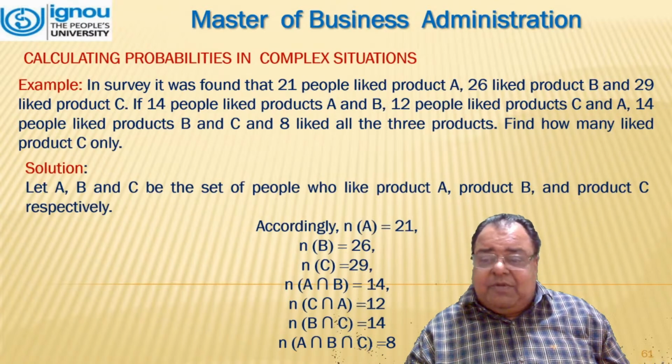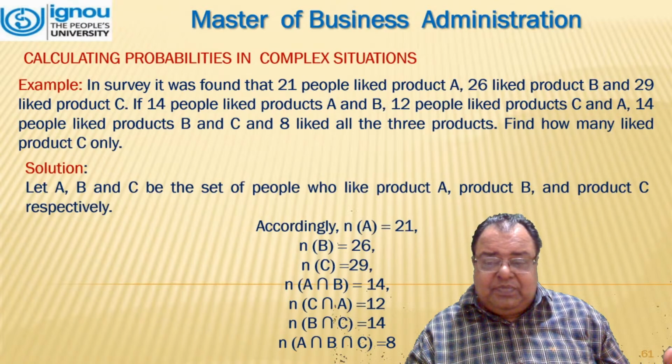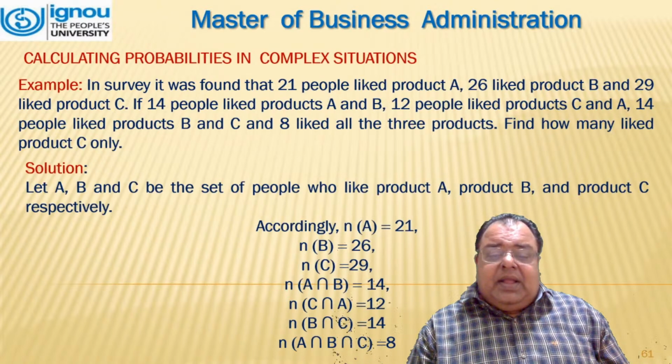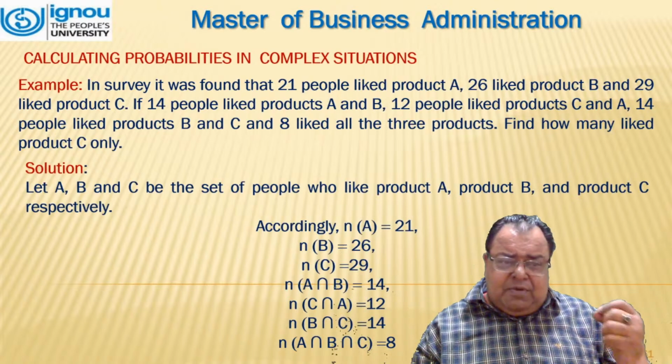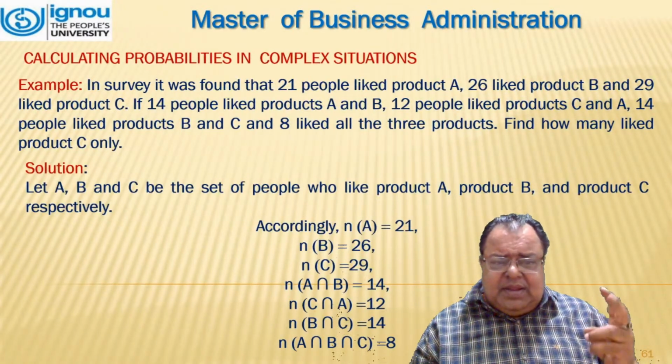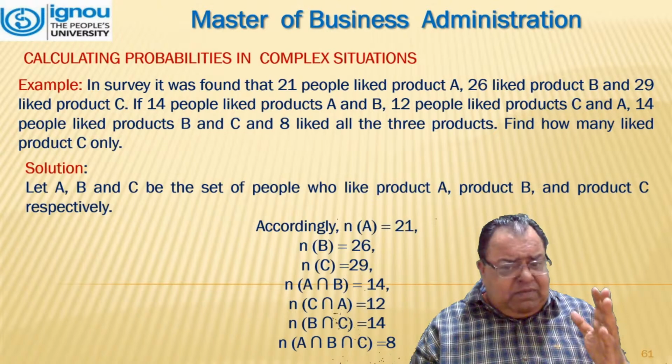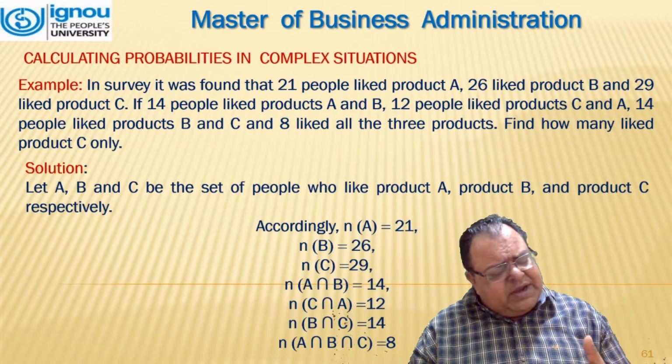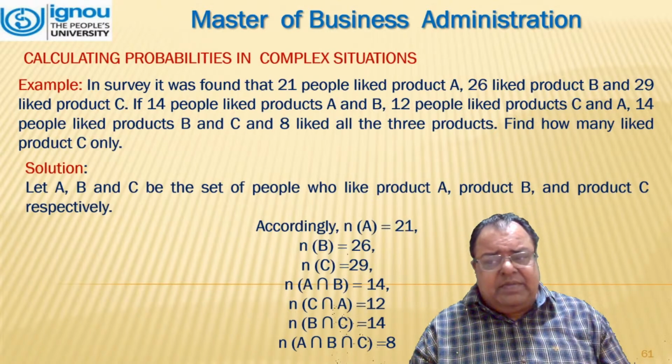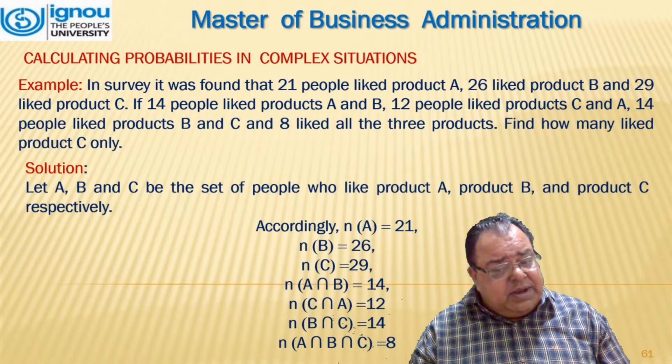We know there are three products, A, B, and C. Now, in the problem, it is stated that 21 people like product A. So we will straight away write n(A) equal to 21. 26 like B, so n(B) is equal to 26. And 29 like C, that is n(C) is equal to 29.